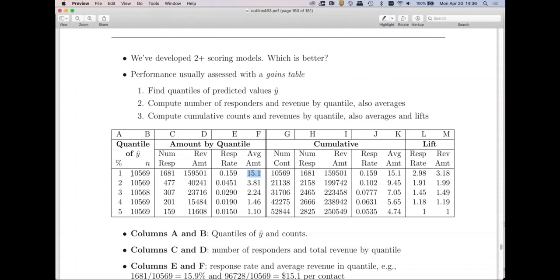So I send out the contact to all 10,500, and I'm getting $15 per contact. The bottom quintile, on the other hand, only gives me about $11,000, which is a little over $1 per customer.